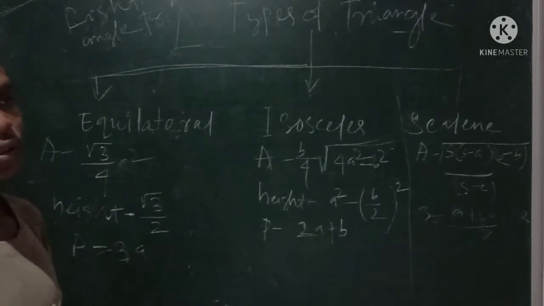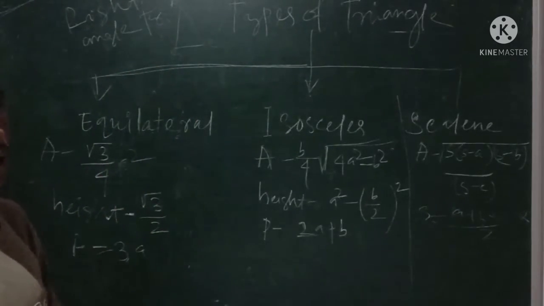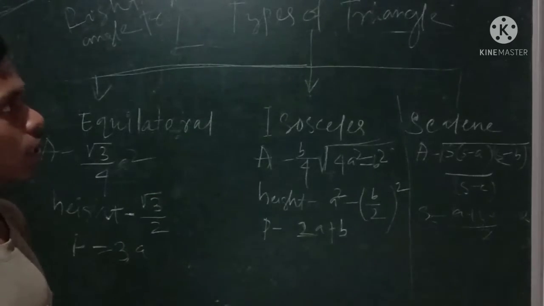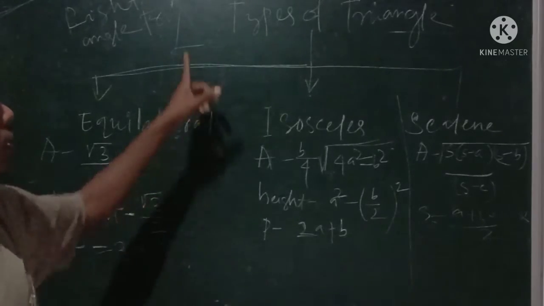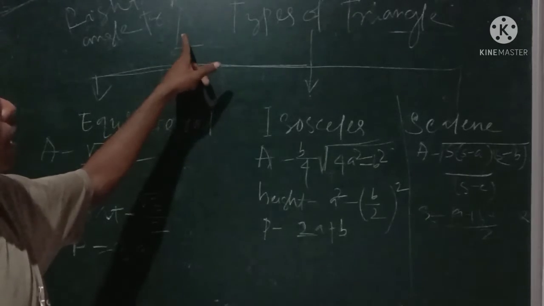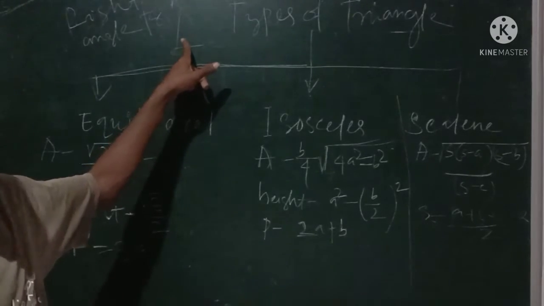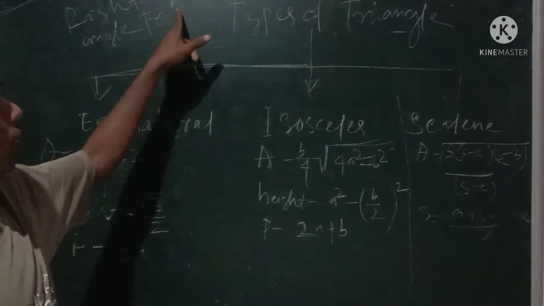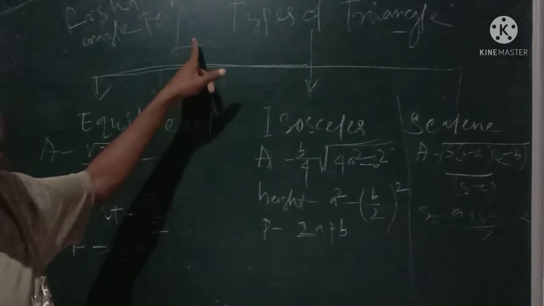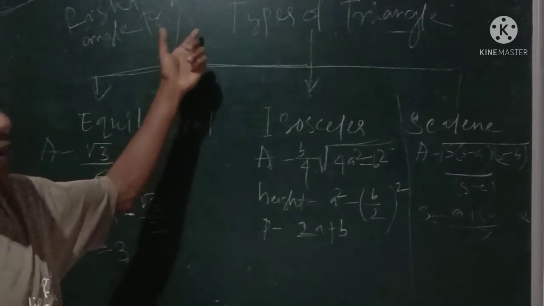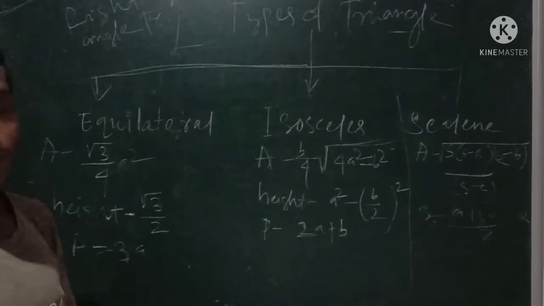The other two angles, A angle and B angle, sum to 90, so 90 plus 90 makes 180.